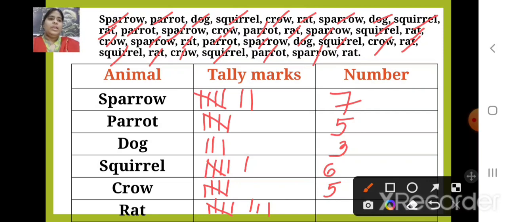By looking at the tally marks, you can understand how many are there, right? Now your rat you can see 5, correct, plus 3. So it is 8, correct? So you have to write it down in your textbook properly, put the tally marks and write the numbers. Okay.